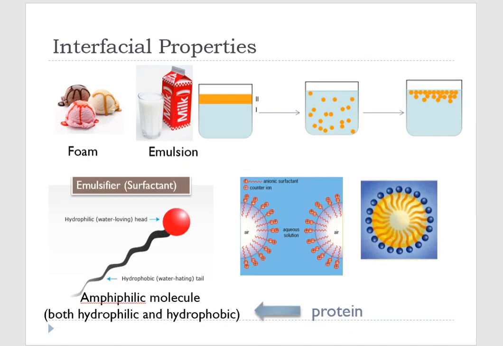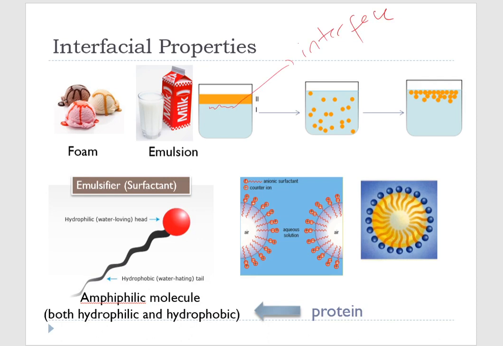So there are several natural and processed foods which are either foam or emulsion type products. They are unstable unless a surfactant or suitable amphiphilic substance is present at the interface. So this is the interface, right? Between these two phases.